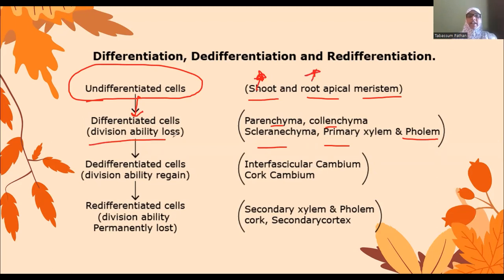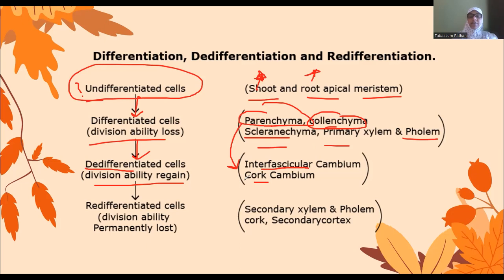Once they are differentiated, they lose the ability to divide into different types of cells. Then these differentiated cells can further de-differentiate. They are already a type of cell, like parenchyma or collenchyma, and they can undergo further specification. So in de-differentiation, as in the cambium and cork cambium, they regain the division ability and can again divide and form different types of cells.